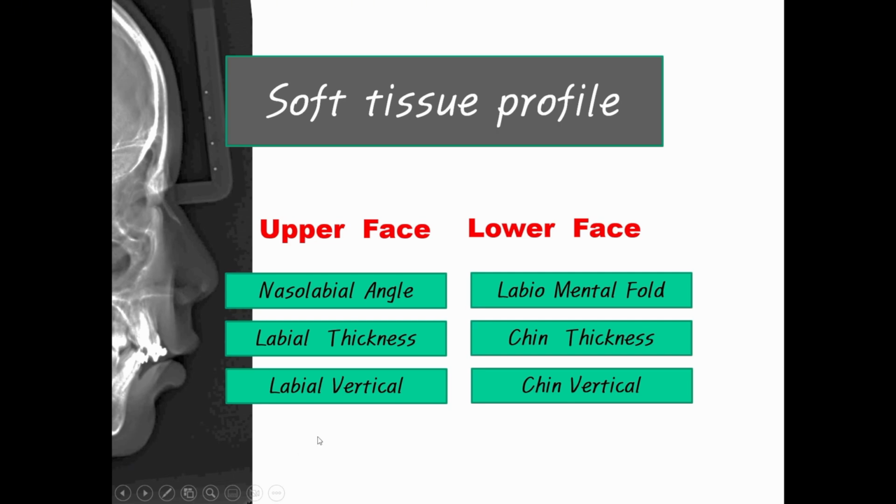So in the lower face, I usually think about chin thickness and chin vertical also. Chin vertical is this line. This line is vertical or inclined, okay, or proclined. It's very important to get an aesthetic face.